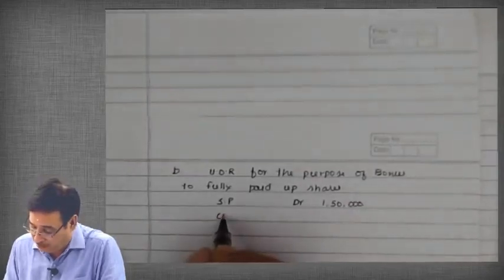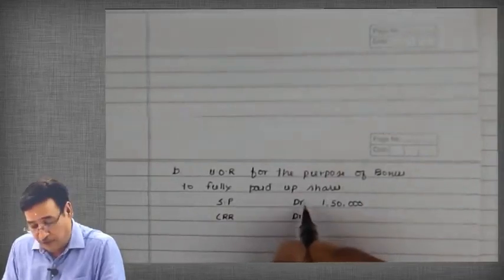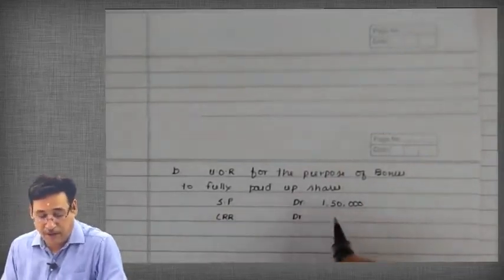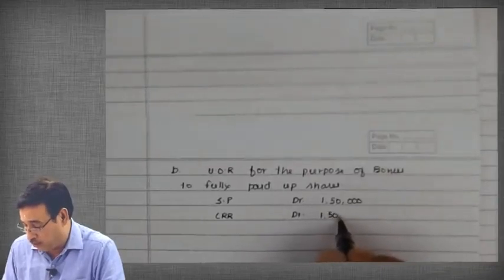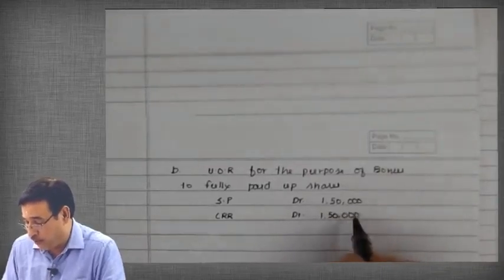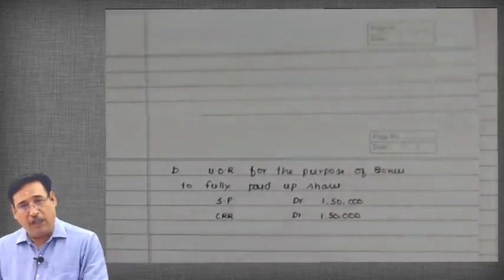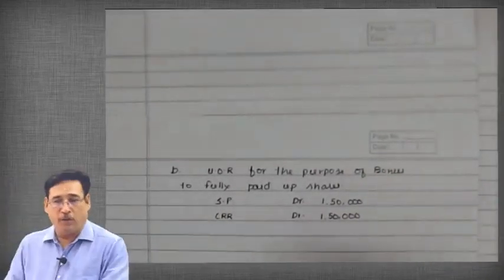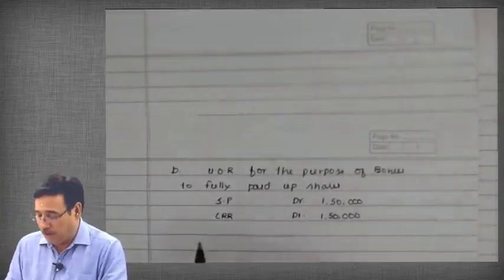Then capital redemption reserve. Capital redemption reserve is also there. Capital redemption reserve coincidentally is also worth rupees 1,50,000. Now you need 1 lakh more, because reserves which we need for the purpose of issuing bonus share to fully paid up share is rupees 4 lakh, which we have already computed.